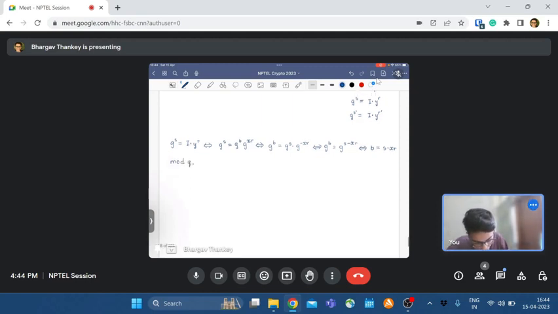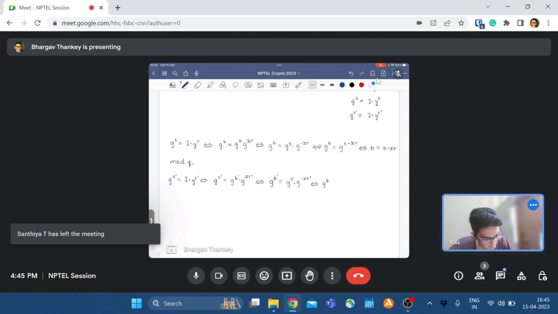Similarly, G to the S prime is equal to I times Y to the R prime, with Y to the R prime being G to the XR prime. This is equivalent to G to the B is equal to G to the S prime times G to the minus XR prime.